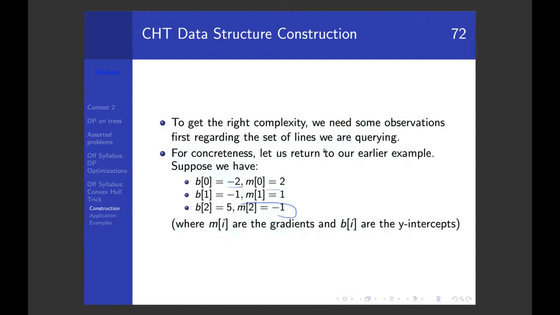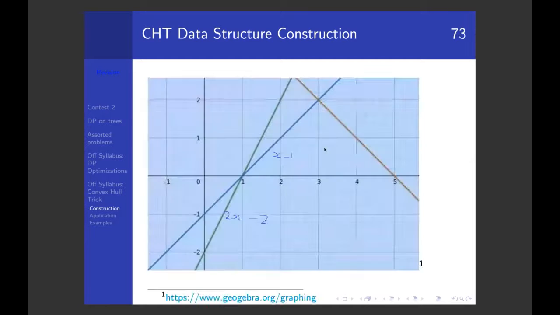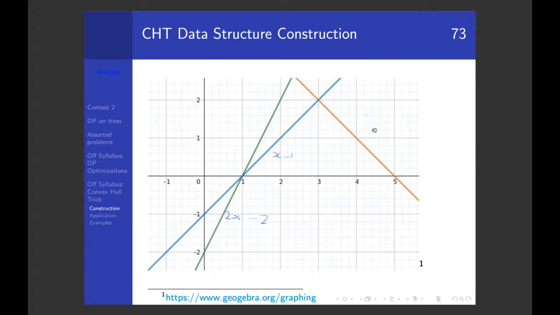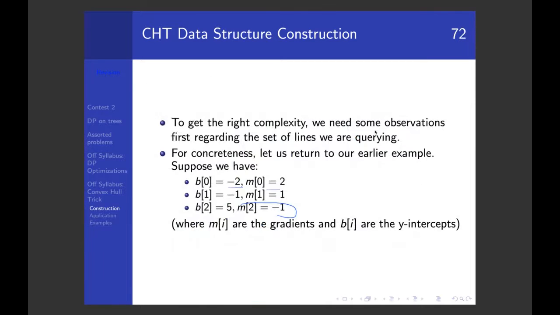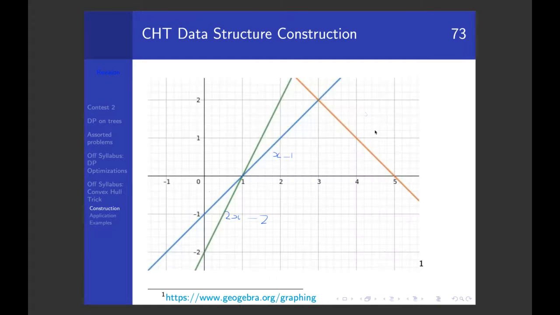And what have I done? No, I've still missed. Sorry, this is too confusing for me. Sorry, the lines here are x take 1, 2x take 2, negative x plus 5. Evidently, year 9 maths is too hard for me.